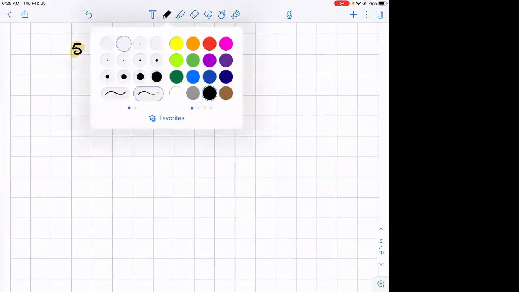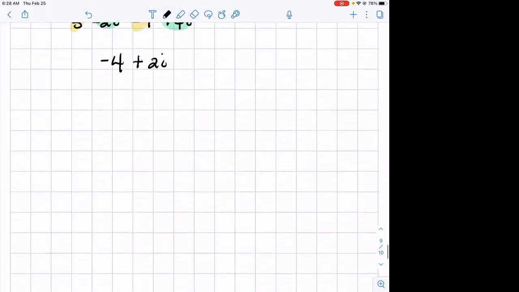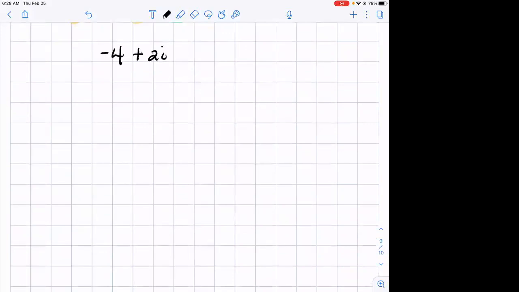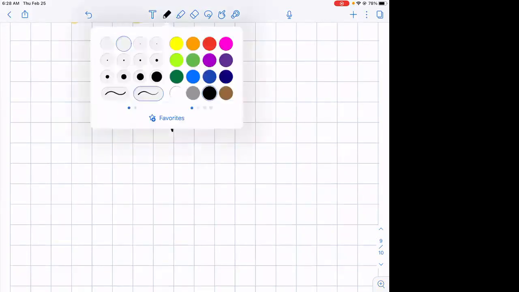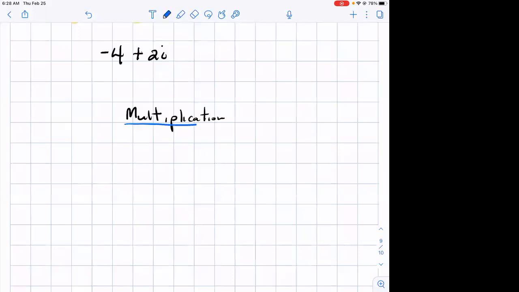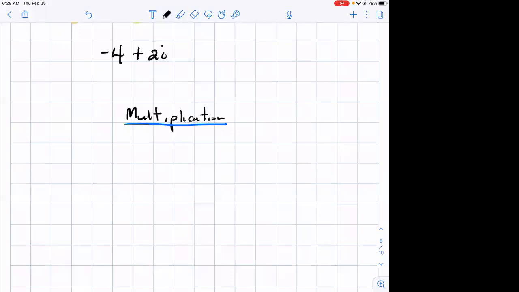So there's not too much to really do with addition and subtraction. Okay? So let's move on and look at multiplication of complex numbers. For multiplication, the idea is very similar to multiplying polynomials.